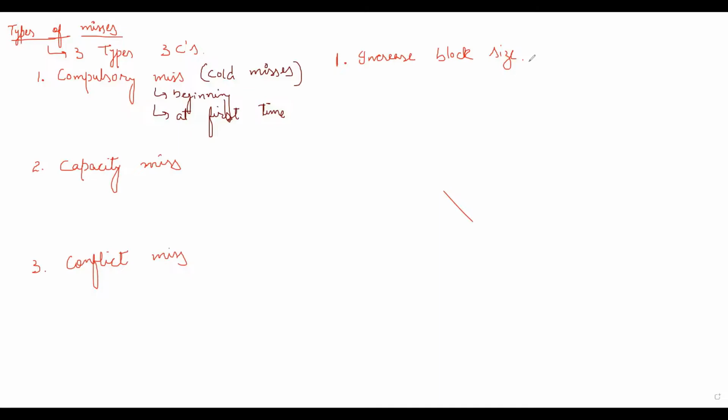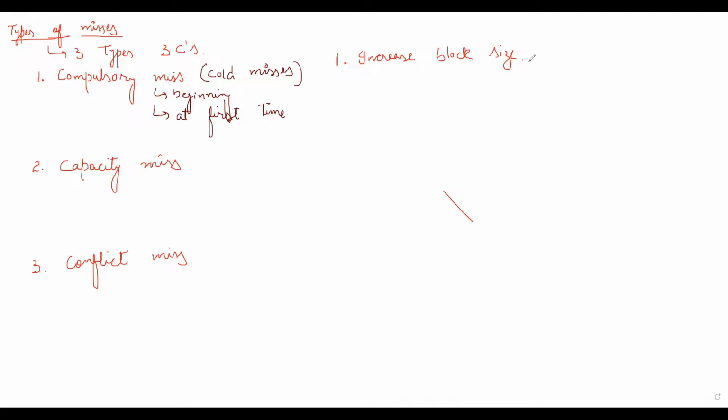However, let's say there are only 10 bytes in a block, and I have to access 100 bytes. For the first byte, I will be having a compulsory miss. I will get a block containing the first byte, and that block contains 10 bytes. So for every 10, I have one compulsory miss.